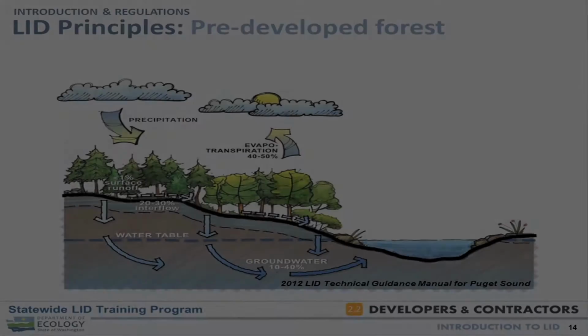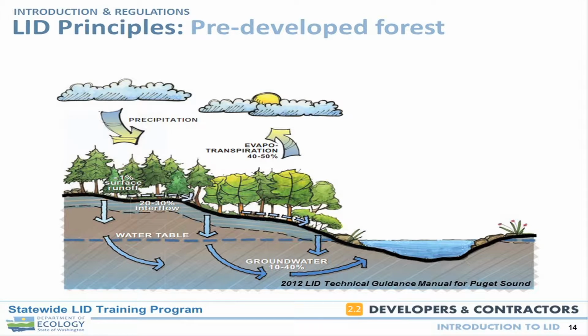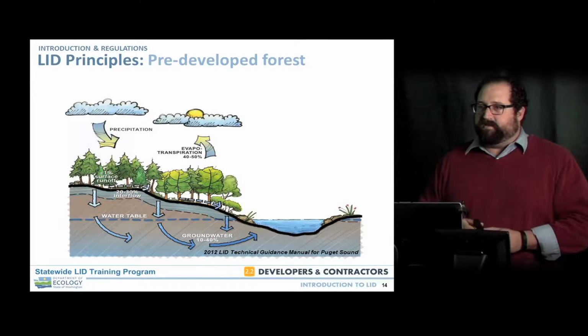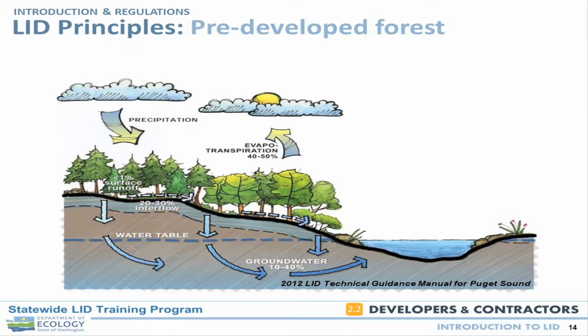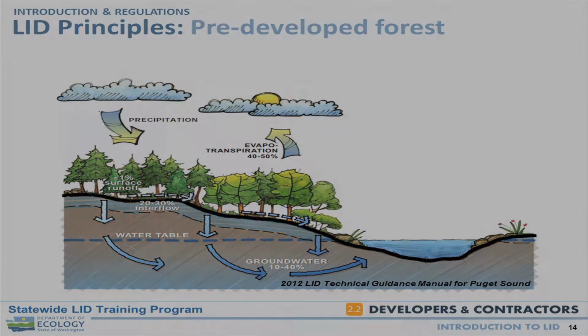Looking at a pre-developed condition is both a metric for determining how to manage stormwater, but really it is a fundamental way of looking at the site and saying, what was here before development, what type of development do we want to create, and how does that mimic and restore some of that pre-development condition. So what we have is the concept of high amounts of evaporation and evapotranspiration, high amounts of infiltration and recharge of groundwater, and then this balanced cycle that connects those two.